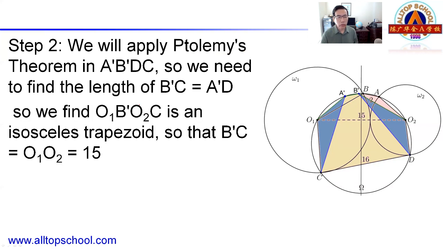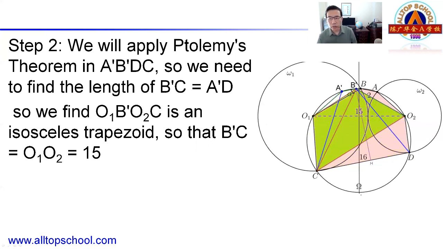So we need to find out O1 B prime, O2 C, because that's using B prime C. B prime C is going to be another diagonal for the other trapezoid. B prime C is the one we're looking for.